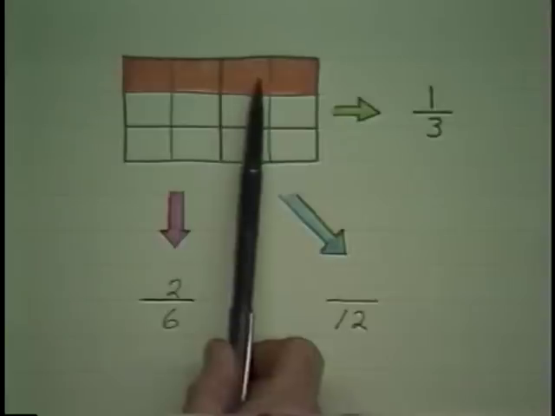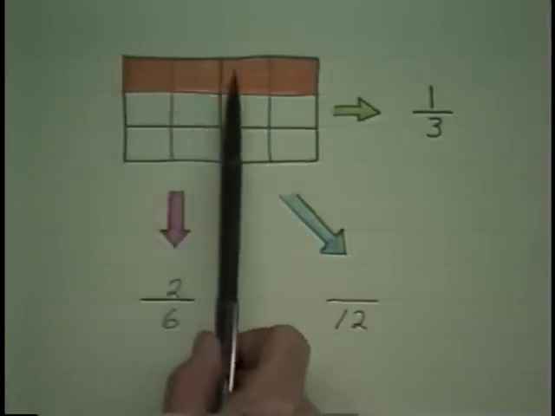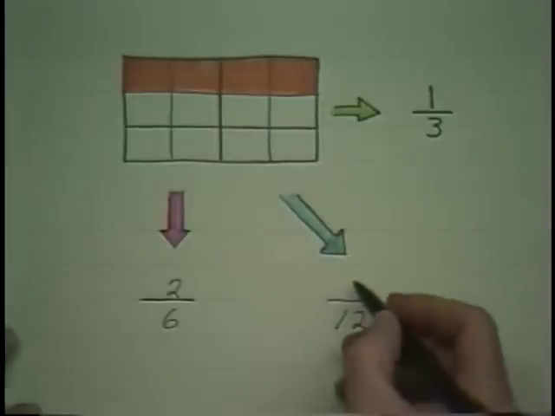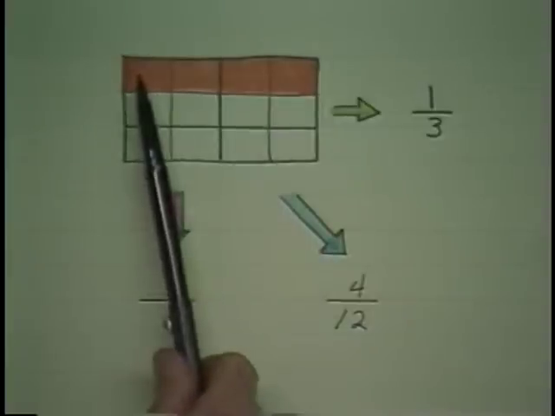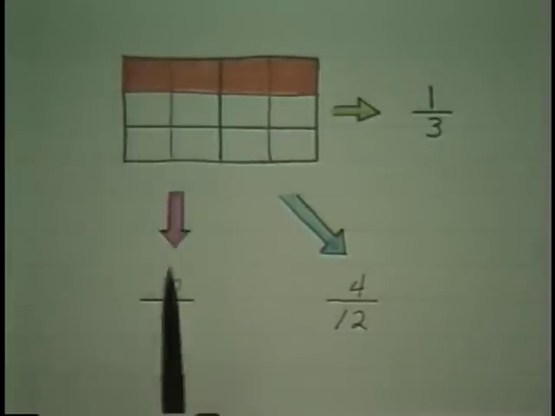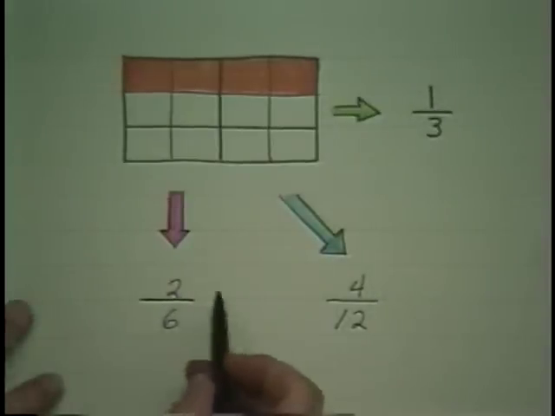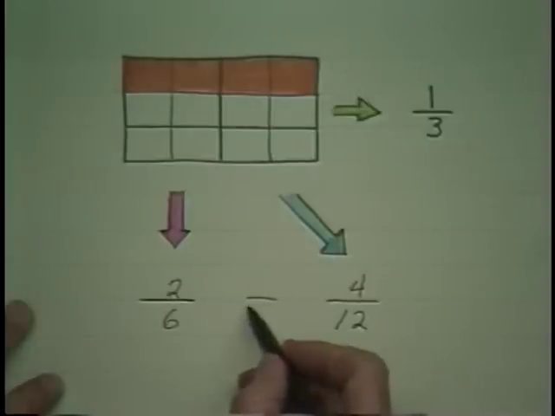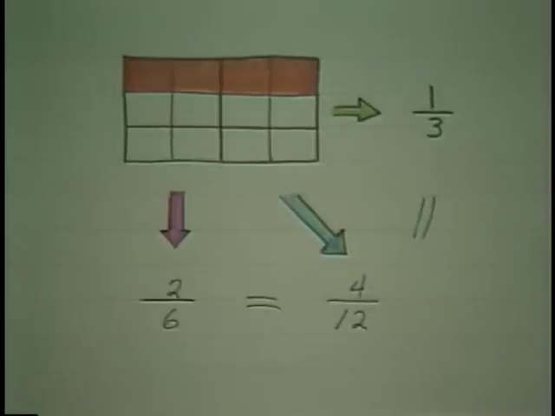And the same shaded portion now occupies 1, 2, 3, 4 of those 12 subdivisions. But the same shaded portion has been used every single time. So it must be that the number 2/6, the number 4/12, and the number 1/3 are all representatives of the same number.